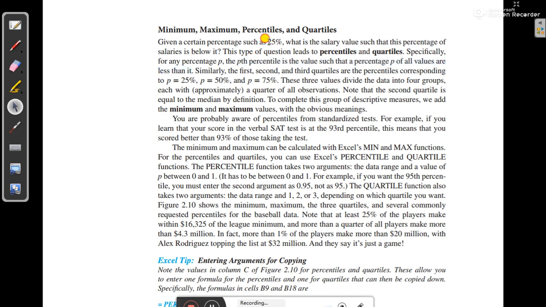Suppose 25% is the percentile, or you can say 25 is the percentile value, such that percentage P of all values are less than it. The question was, what is the salary value such that this percentage of salaries is below it?